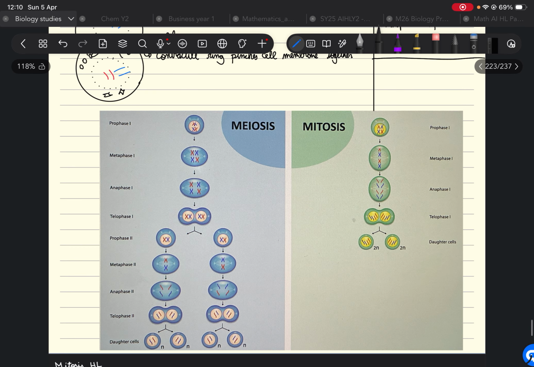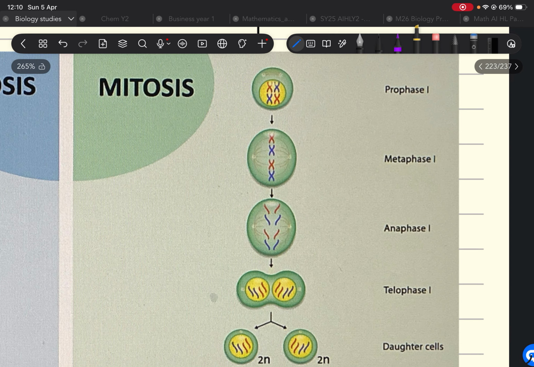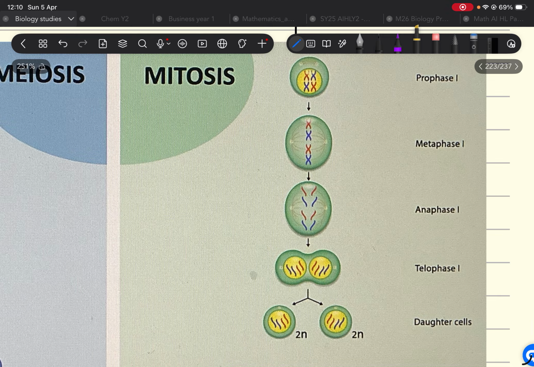So for mitosis, this is the SL part of the biology course, where in prophase you want to pack everything in the middle. In metaphase you want to line up on the equator line, and then in the anaphase you want to separate them, aiming to already construct a nuclear membrane, which is exactly on the telophase.